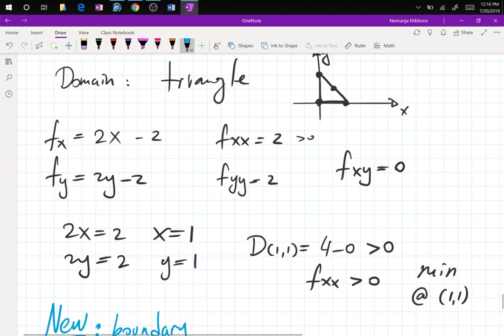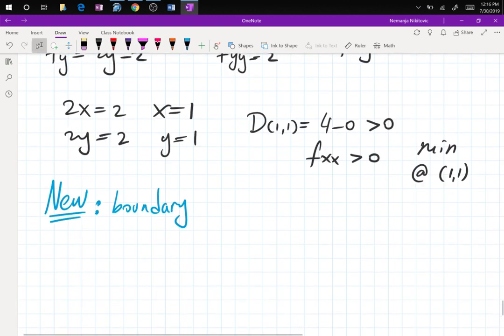When I look at my triangle, I'll draw this larger so we can see. 1, 2, 1, 2. So what I have here are 3 equations.